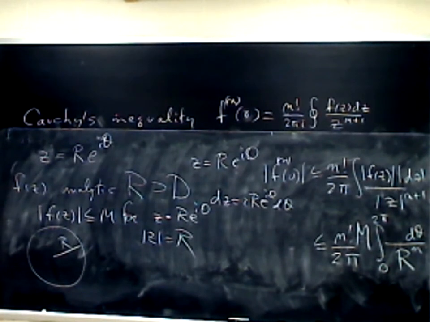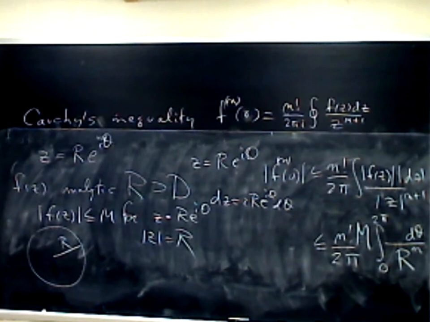Now that means that we can set up a Taylor series, because all the conditions for Taylor series are set up and are valid. And so we can set up a Taylor series for f about 0. It's the sum of z to the n over n factorial times f^(n)(0), the nth derivative at 0.